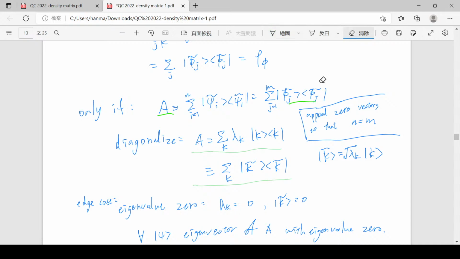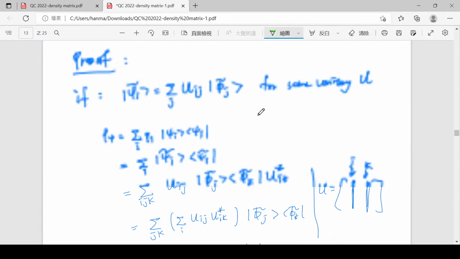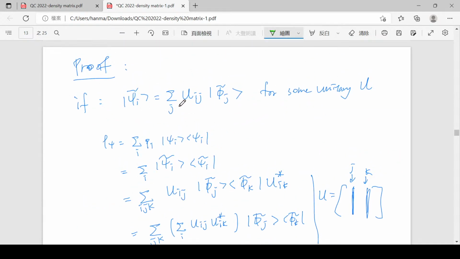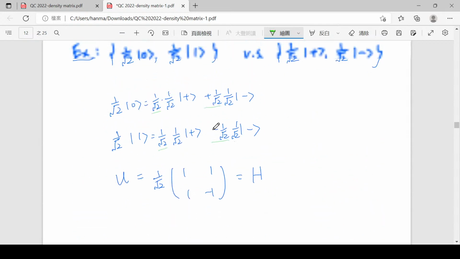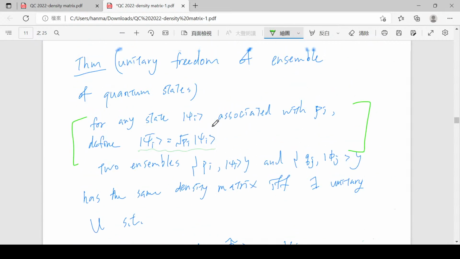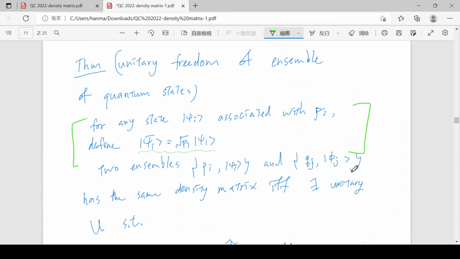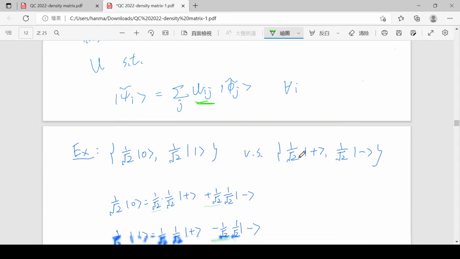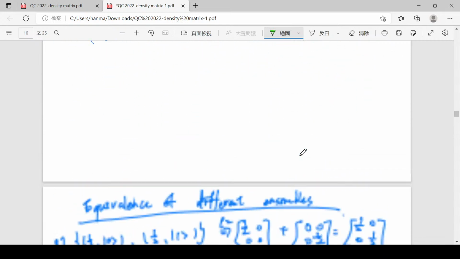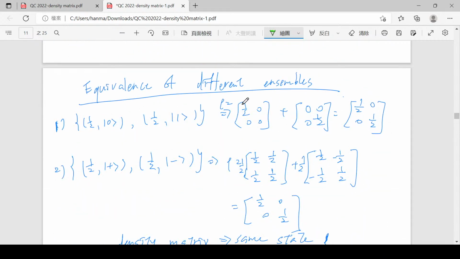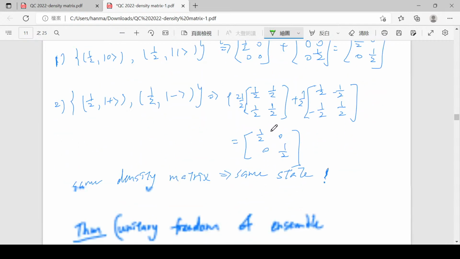Why do I say dimension? Because I say this is kind of like a unitary matrix, but it's not quite a square matrix yet, because those psi_i and phi_j can have different numbers of i and different numbers of j here. And also the number is different from the dimension of the Hilbert space.